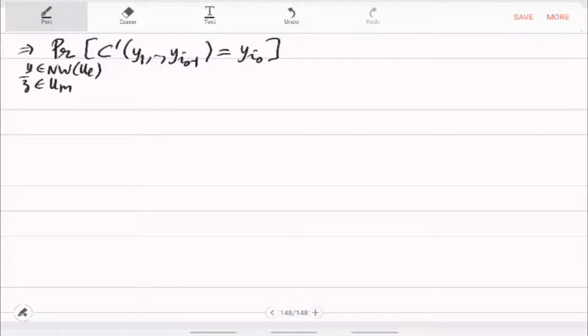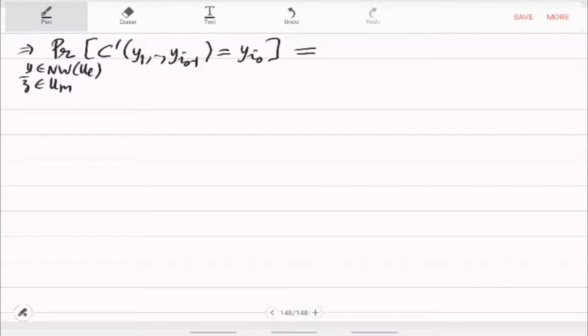So this probability, right, Y's are picked from the prefix of NW and Z's are picked from the suffix of UM. That is what we mean by this notation.